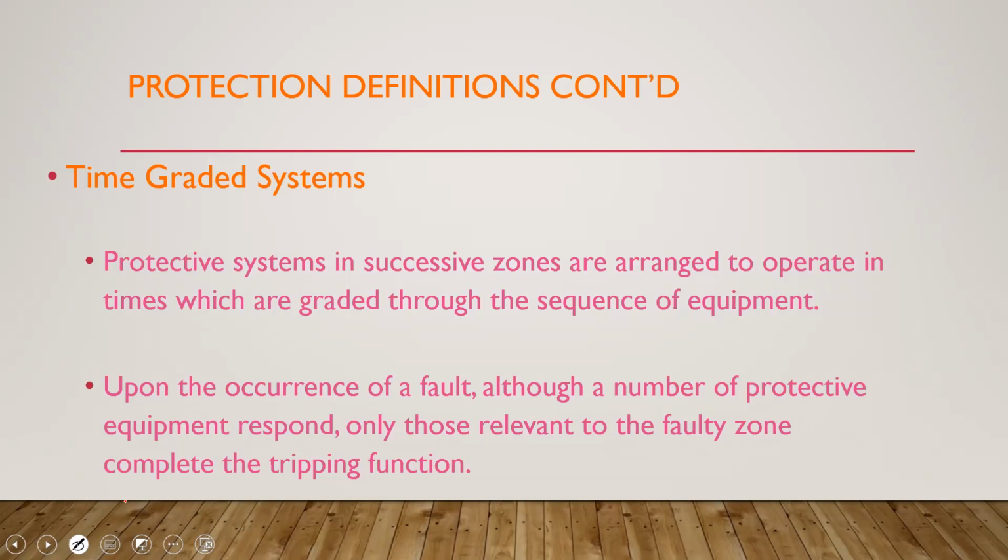So your time-graded system operates in a manner where the primary system, the one that has primary responsibility for isolating or protecting a particular section of the network, is set such that it will operate faster than the rest of the system.